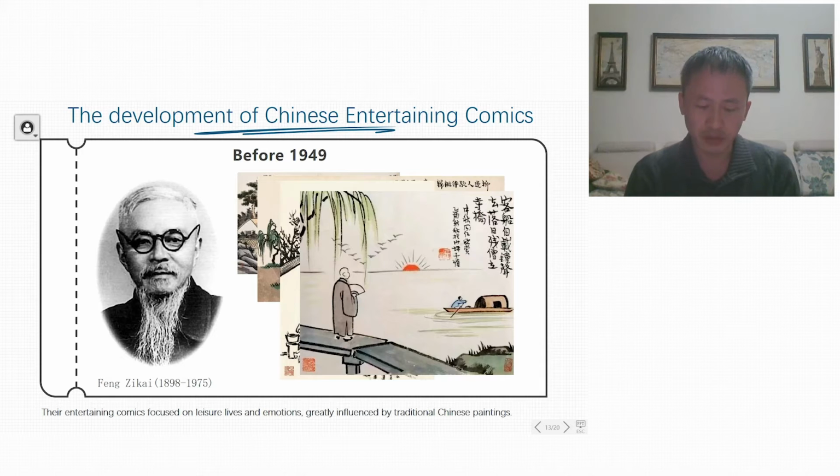The comics and animation creation since the founding of New China has long been related to the political themes of the times, causing the authors to habitually regard comics and animation as the main medium for the spread of political ideas, and the audience is mainly defined as children and adolescents.